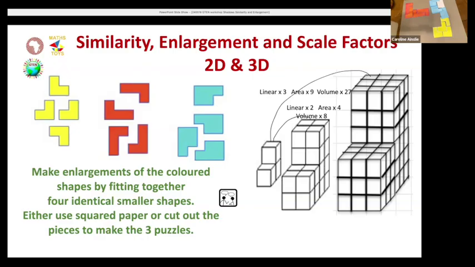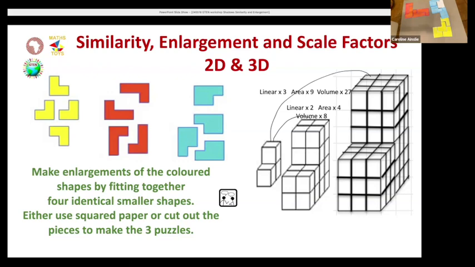So another way of saying that is that the linear scale factors of the enlargements are 2 and 3. So the edge lengths are doubled, that's a linear scale factor of 2, and trebled, that's a linear scale factor of 3. So let's see how that affects the number of cubes that we've got.